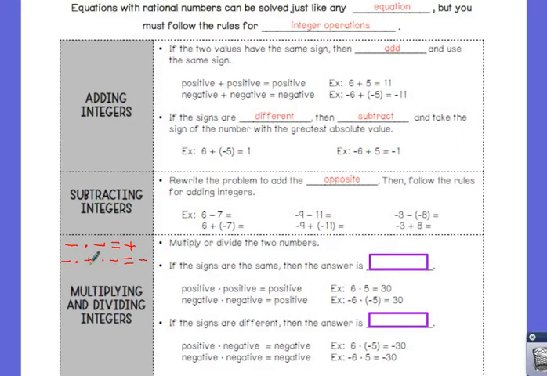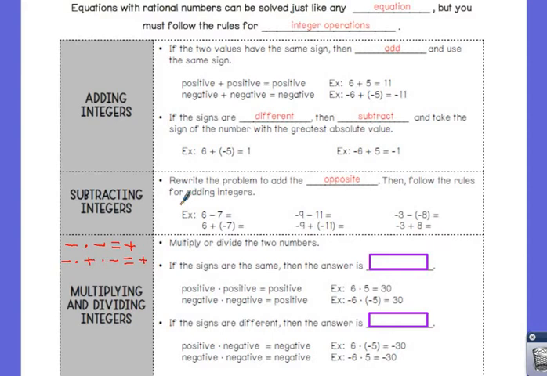What if I change this guy to a plus? How many negative numbers do I have? 2. So is my answer a positive or a negative? Positive. What if I had 7 negatives multiplied times each other? My answer is going to be negative. Well, let me ask you this.